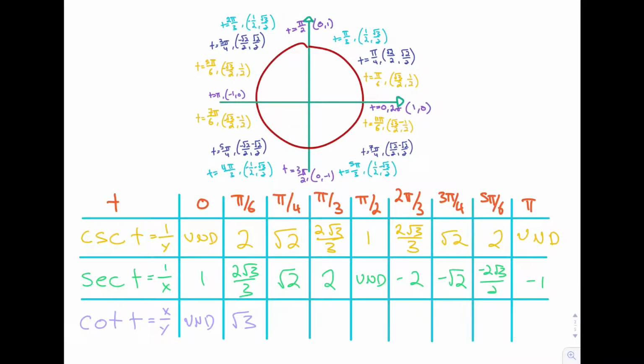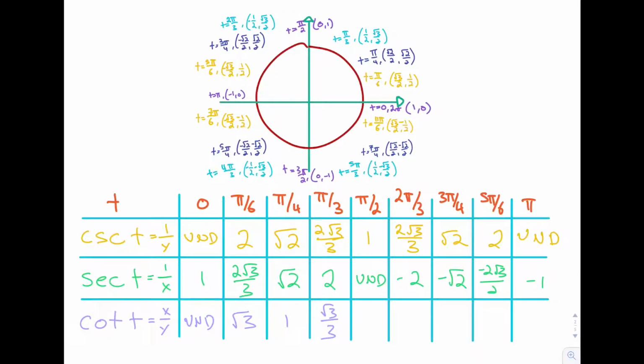Cotangent of pi over 4 gives us a 1. Cotangent of pi over 3, so that'll be x over y, 1/2 over root 3 over 2. So again, the 2s in the numerator and the denominator will cancel out. So we'll have 1 over root 3, which then if we rationalize that, we end up with root 3 over 3.